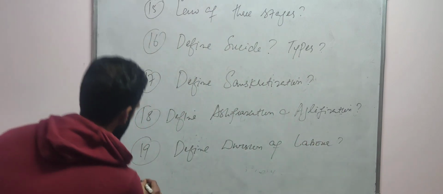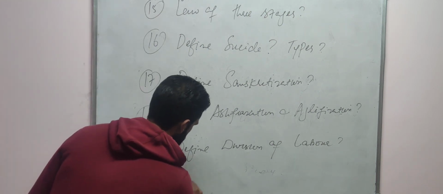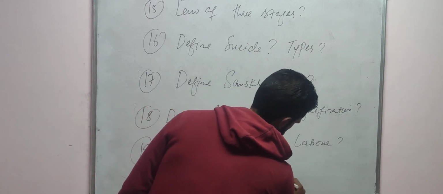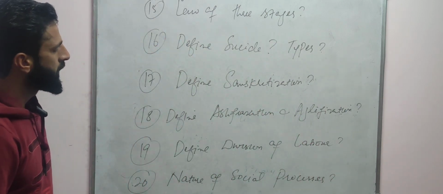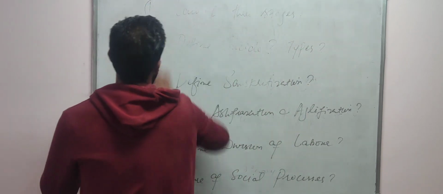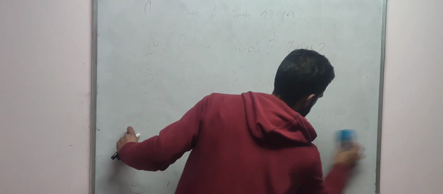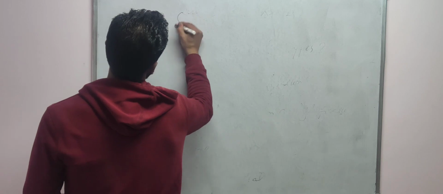Okay, then 20th question will be nature of social processes. Okay, then 21st question will be social change in rural areas.